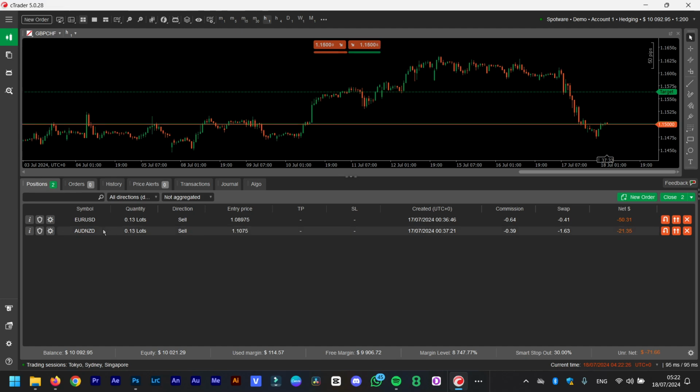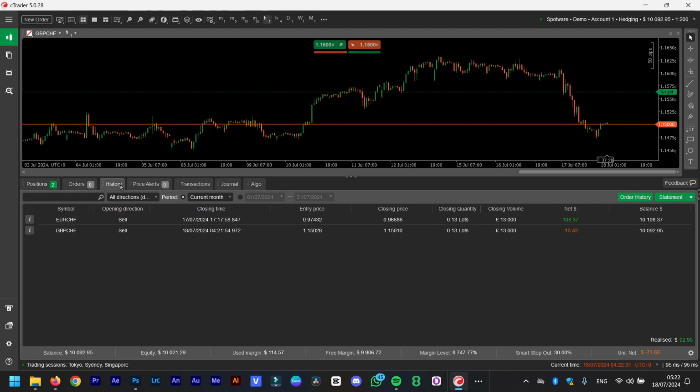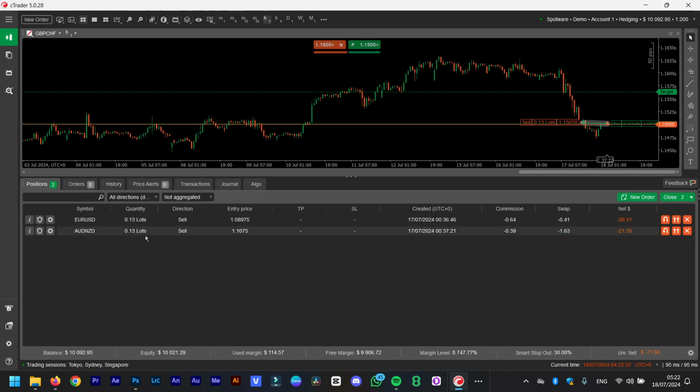So instead of opening trades in GBPCHF with that amount of lot size, I might have to decrease it to maybe 0.07 or 0.06, 0.05, 0.02, 0.01, 0.03.